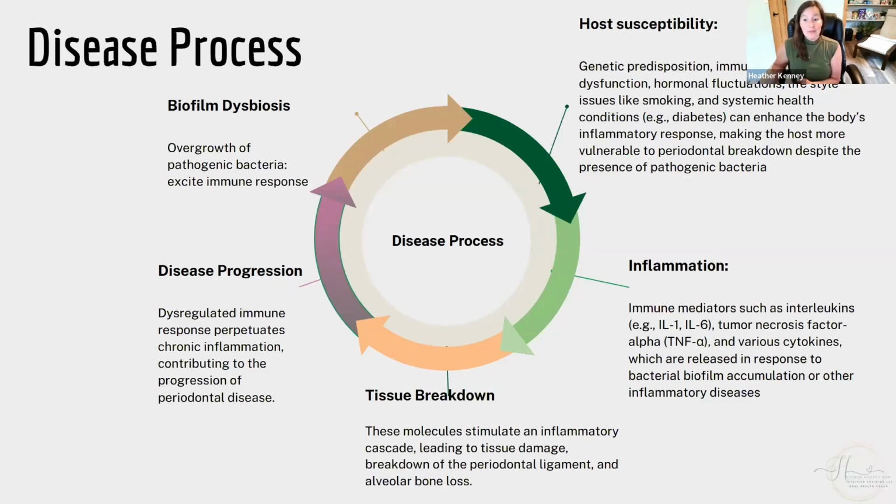So we have to have an inflammatory response as well. Sometimes, even if we have a host susceptibility like diabetes, it will also drive up those inflammatory issues, which involve the cytokines, interleukins, and tumor necrosis factor alpha. Those inflammatory cytokines then lead to tissue breakdown and disease progression.